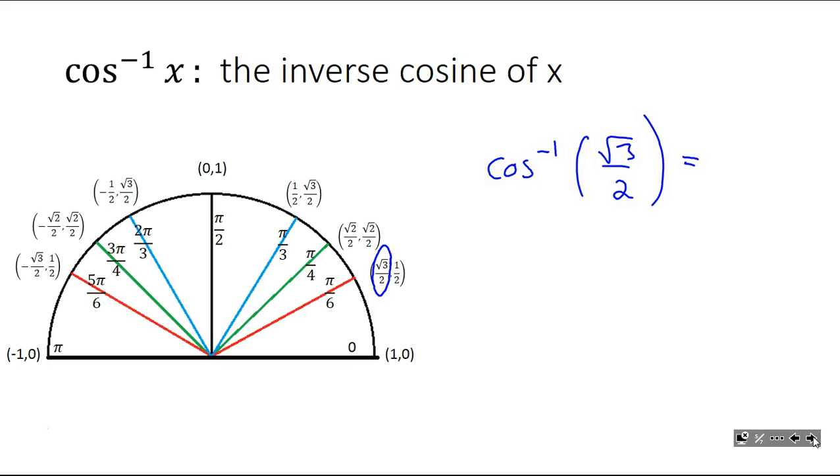And notice you will not find it in quadrant 2, because there it would be a negative value. And so our answer will uniquely be pi over 6. Now if we hadn't restricted our search area, we would have found a similar value down here in quadrant 4, but that's simply off the table when we're looking at inverse cosine.